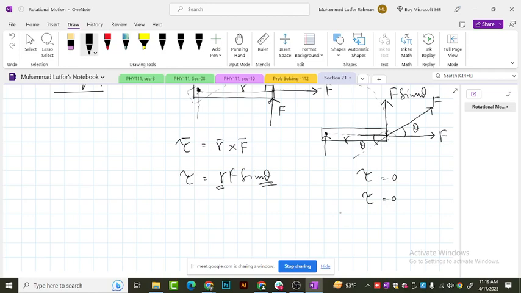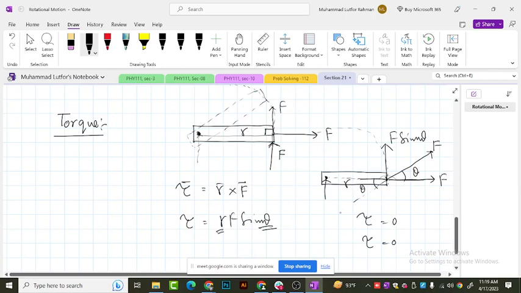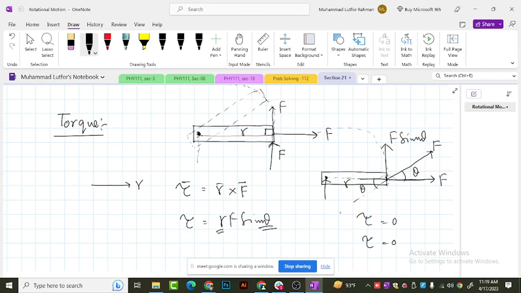Let's say the situation looks like this: this is my R vector and this is my F vector. I will extend that one. This will be my F and this is my R, right? Then I have to use the right hand rule. Let's say R and F are in the XY plane.